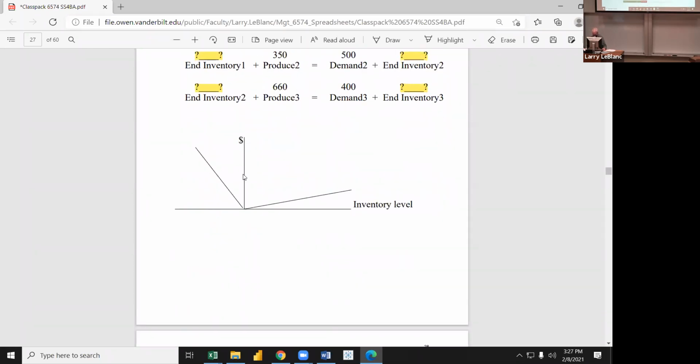Now you do have to be careful. The cost is not a straight line, it's a crooked line. It's a piecewise straight line. If the inventory is positive, it costs you money: taxes, damage, theft, insurance, obsolescence. The straight line that I pictured does not keep going down and down and become negative.